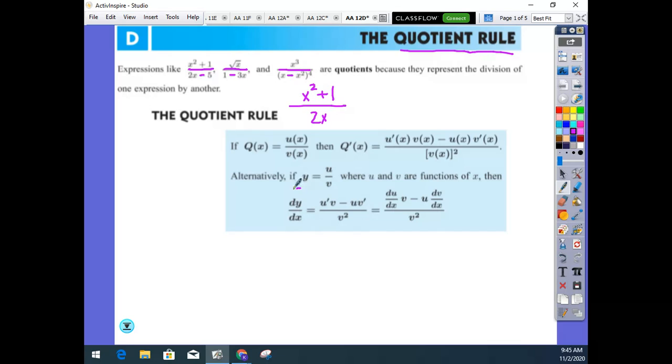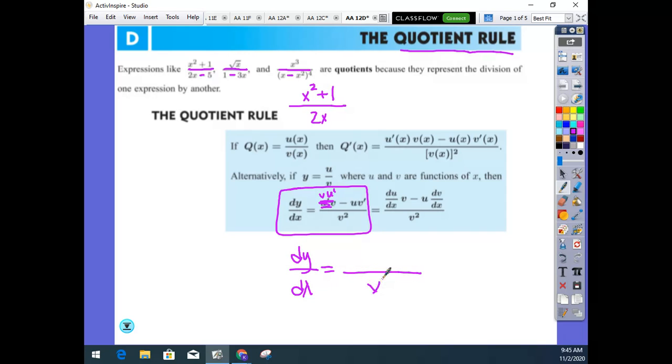All right, this is the one I use the most. Now I also write this just a little differently. I write it as V U prime, and there's a reason why I go with this.